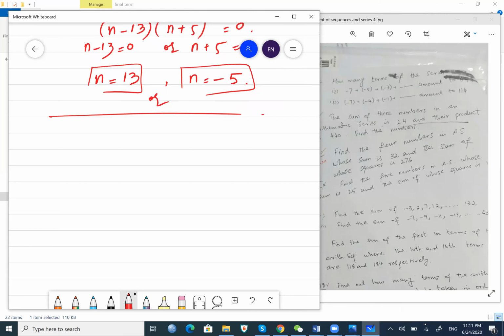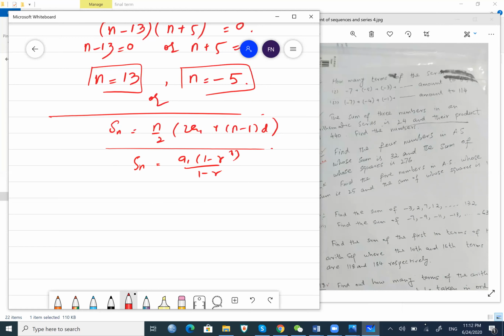So it means that he is talking about sum, so we need to use the sum formula, which is n by 2 times 2a1 plus n minus 1 times d. Why am I using this formula? Why not the sum formula for a geometric series?